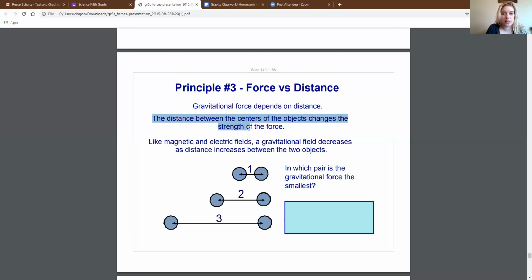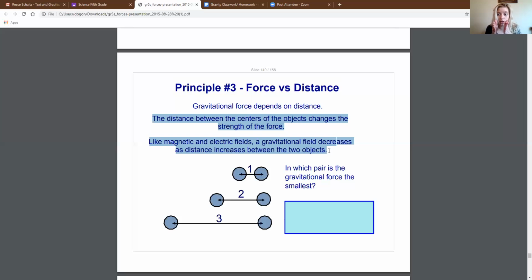The distance between the centers of the object changes the strength of the force, okay? This one is similar to magnetic and electric fields, okay? Just like in magnetic and electric fields, the closer the objects were together, the greater the force. The greater the distance between the objects, the less of a force. That principle is the same for gravity as well, okay? So force matters with the amount of distance between the two.